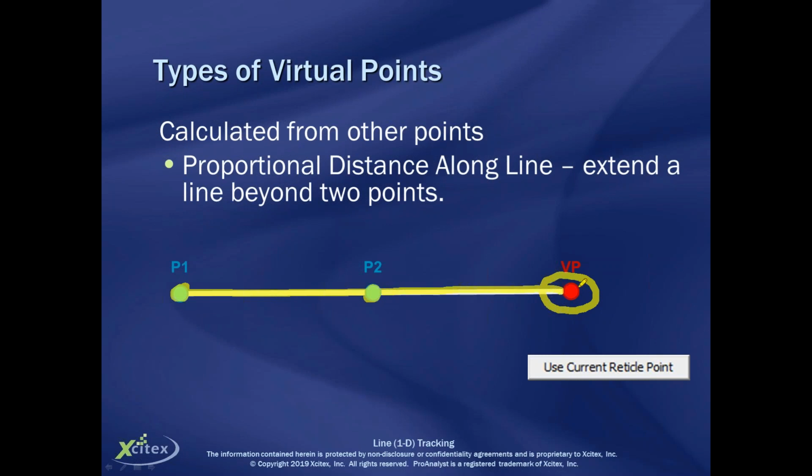This can seem a little bit strange to find and tough to calculate, but with all of these points, we have a use current reticle point feature, so that we target the location where we want the virtual point to exist, and then we click use current reticle point, and by doing that, the software calculates the proportional distance that exists along this line, so you don't have to do the calculation yourself.